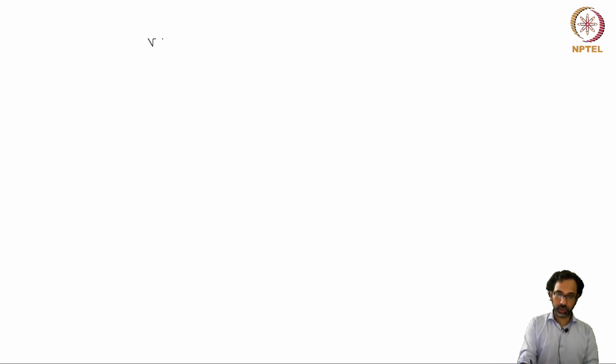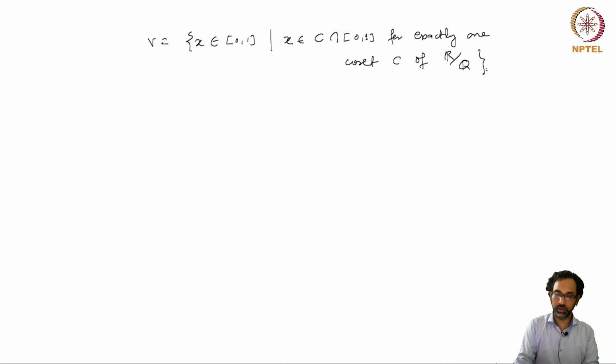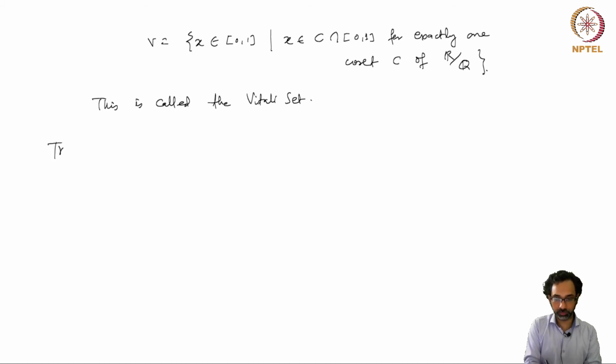So V is the set of numbers x in the interval 0, 1 such that x belongs to C intersection 0, 1 for exactly one coset C of R mod Q. So this is called the Vitali set, and the theorem is that V is not Lebesgue measurable.